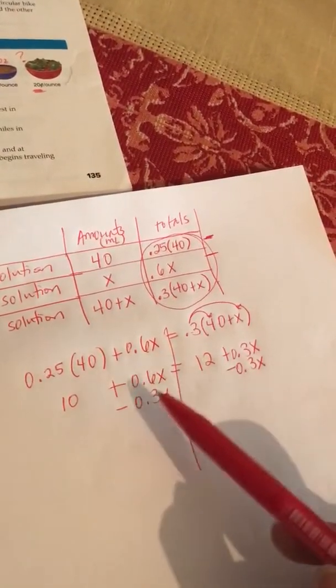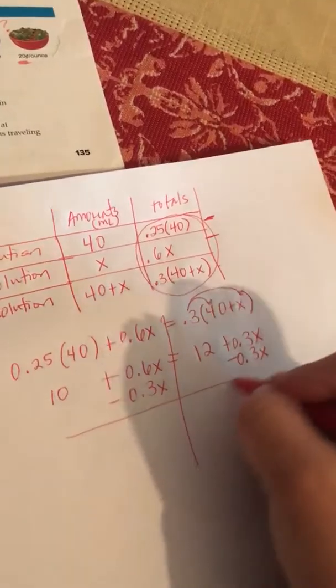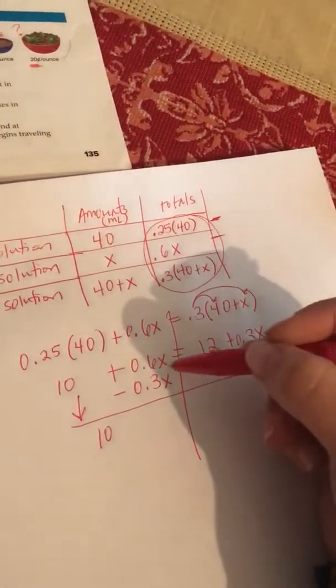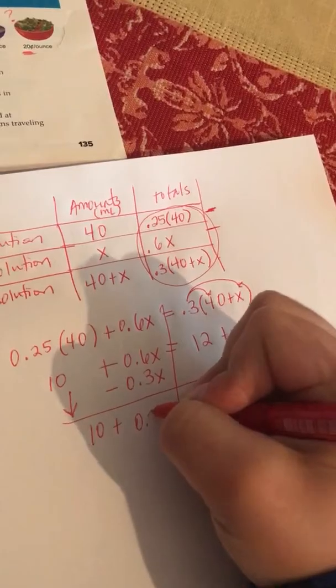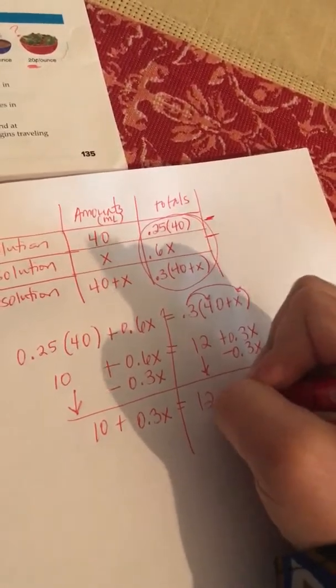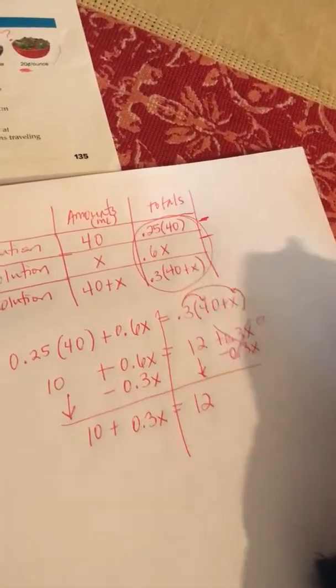So I'm left with the 10 I did not change. 0.6x minus 0.3x is 0.3x. And I did not change the 12. This part gave me 0, so I don't need to have that anymore.